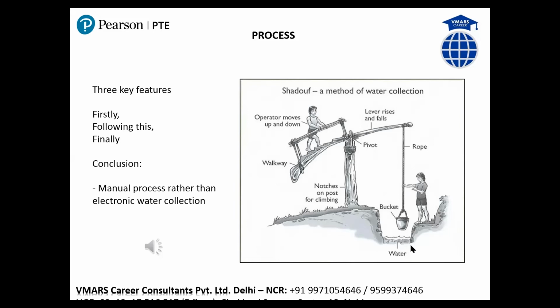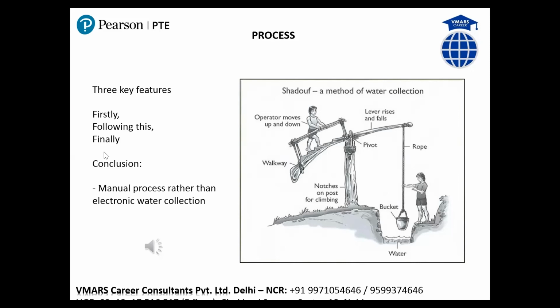Generally, when you have lakes and so on where water has collected, this is how the water is extracted, taken out. So this is actually the process, and that process is called shadoof. Now I want you to make your own notes or your own script by using this for 3 key features.